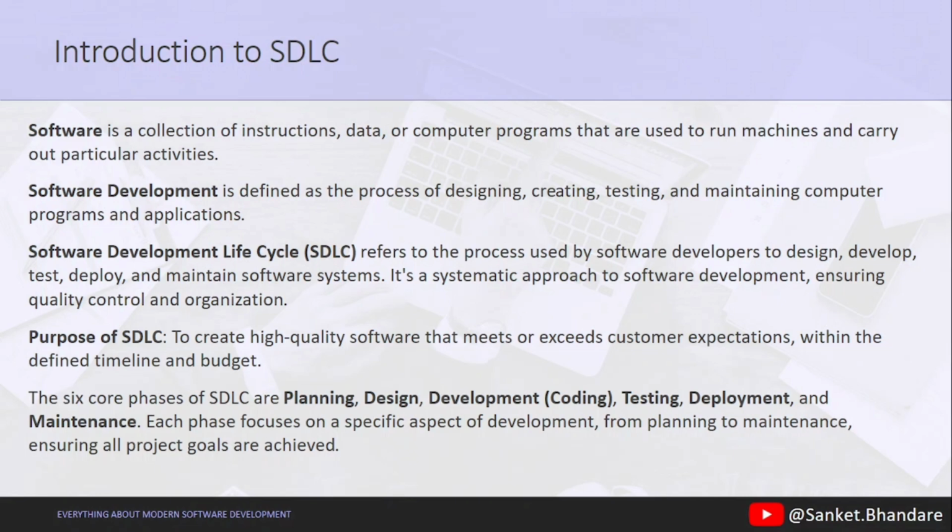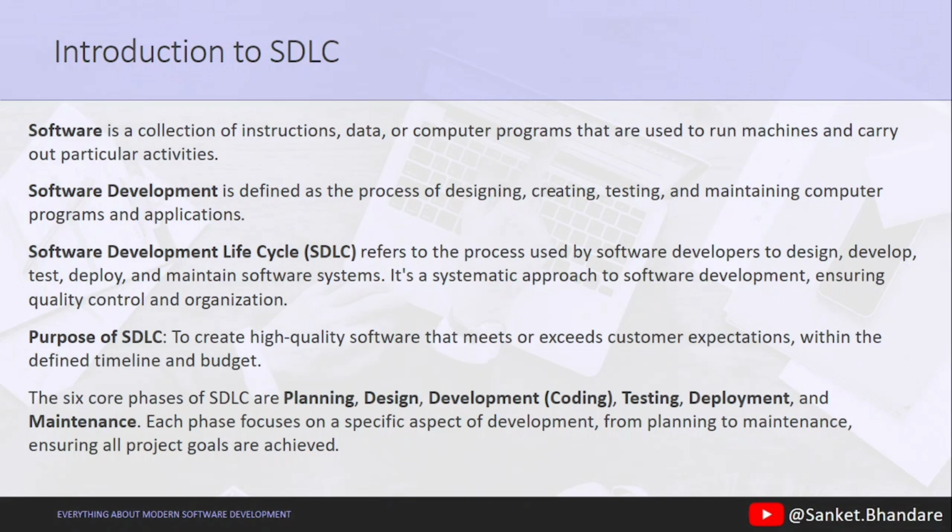The purpose of software development lifecycle is to create high quality software that meets or exceeds customer expectations within the defined timeline and budget. The 6 core phases of software development lifecycle that are present in each and every software development lifecycle model are as follows.